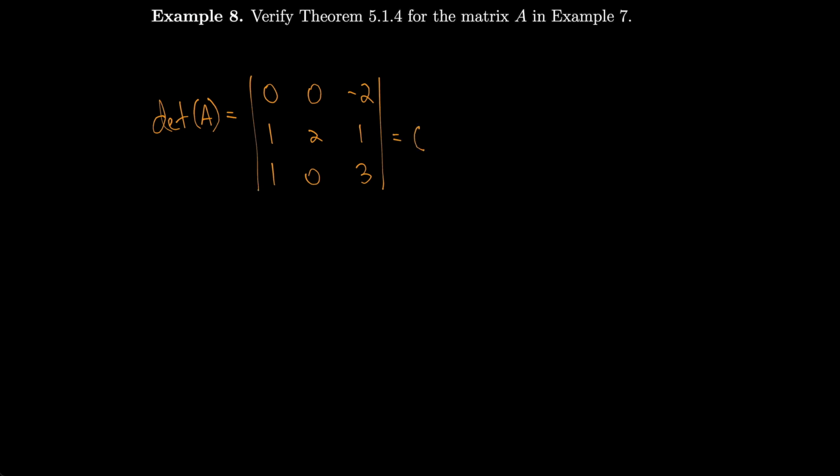And notice that's negative 2 times negative 2, which is equal to 4, which is not 0. Remember, that's consistent with what we saw in example 7, since we got eigenvalues of 1 and 2. There was no lambda equals 0, which makes sense. We got determinant not 0.